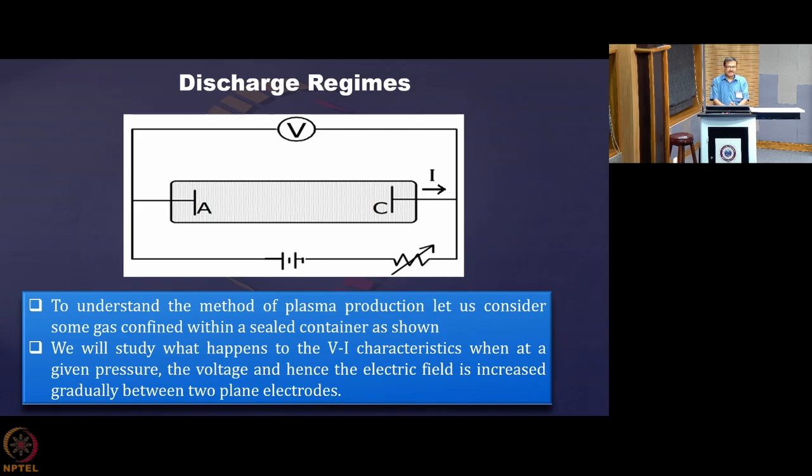Because of the bias, the electrons which are there initially, the stray electrons, which may have been produced due to ionizing radiation, or due to some high energy particles like cosmic rays, or maybe due to the few particles which are always at very high energy in any gas, especially corresponding to the Boltzmann tail region. So, somehow we are getting some electrons which will participate in the acceleration process, but they are not very large in number, very insignificant.